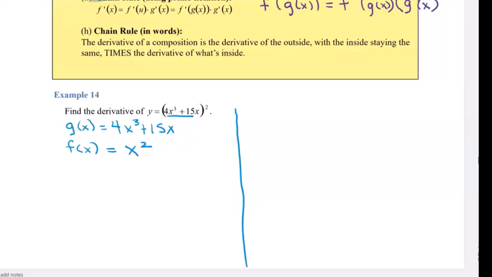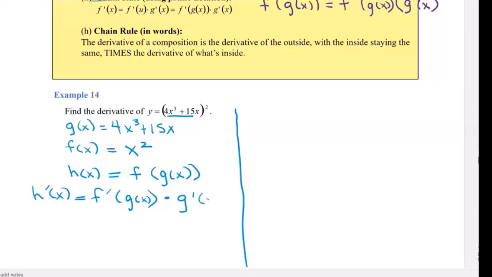If I find the composition of these, let's call it h of x, it is equal to f of g of x. So now what they're telling me is that h prime of x is equal to f prime of g of x, whatever was there, times g prime of x. So that's the outer inner thing.